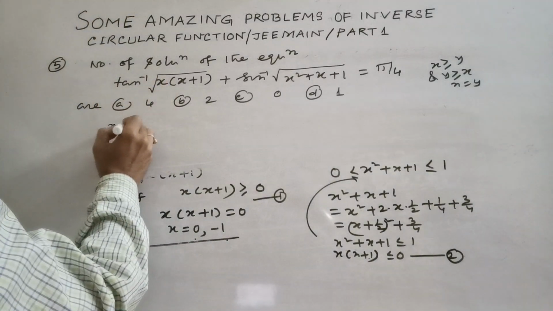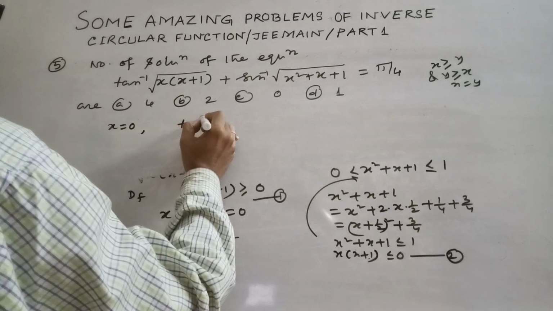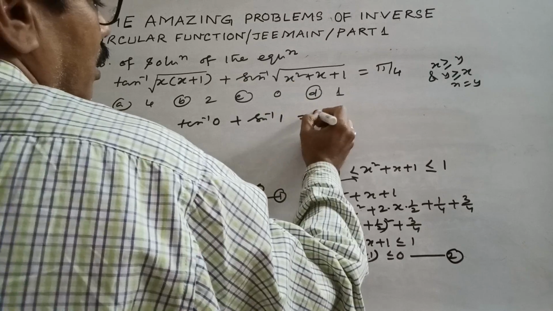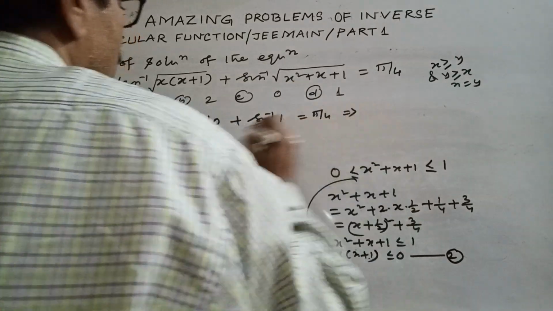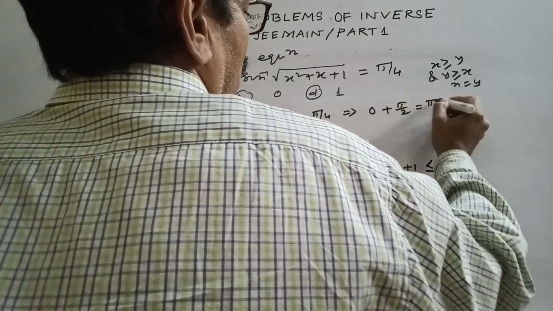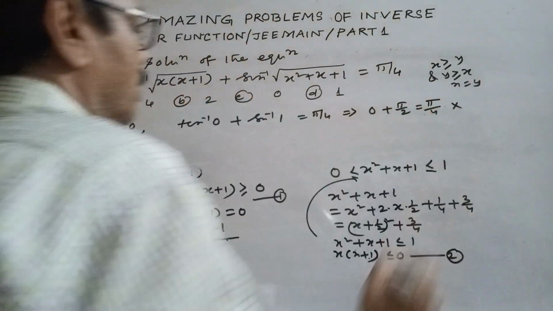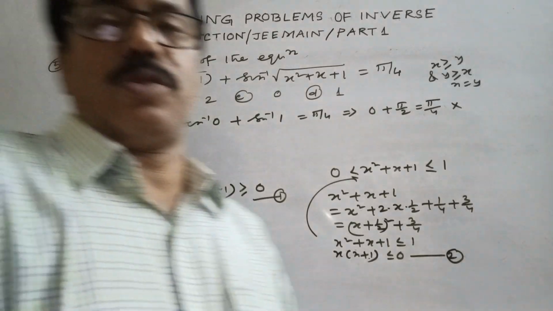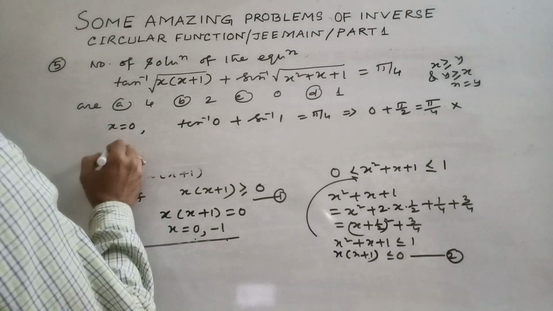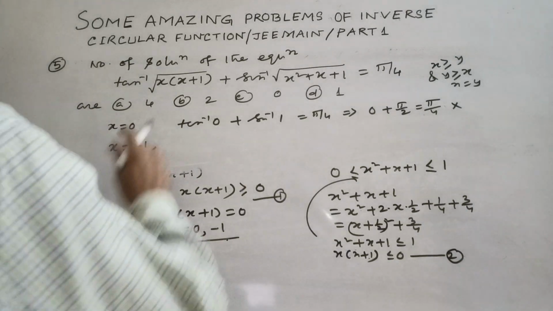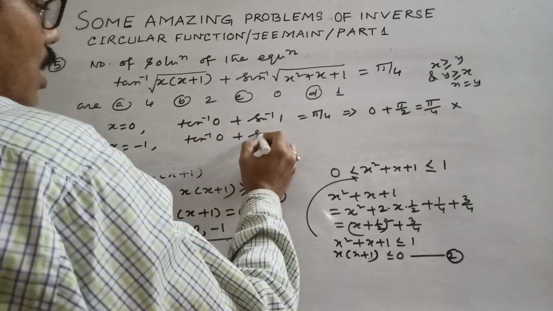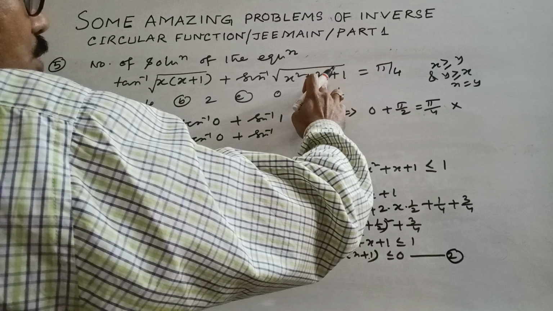If we put x equals 0, this is tan inverse 0 and this is sine inverse 1. Tan inverse 0 is 0, so 0 plus pi by 2 equals pi by 2. So not satisfied, so 0 is not a solution. Now if we put x equals minus 1, this one is 0, so tan inverse 0, and sine inverse of 1.